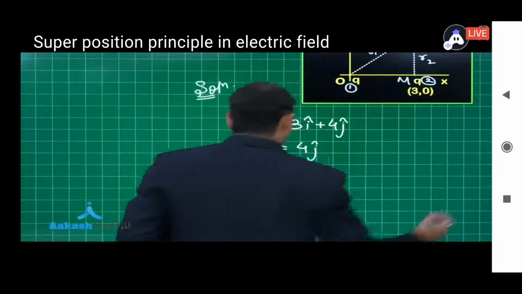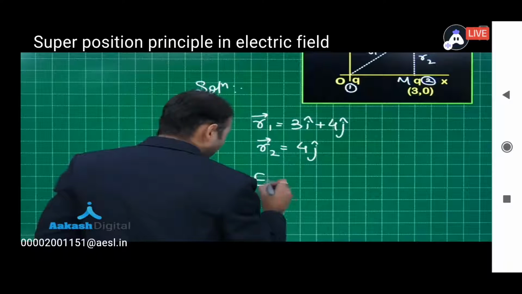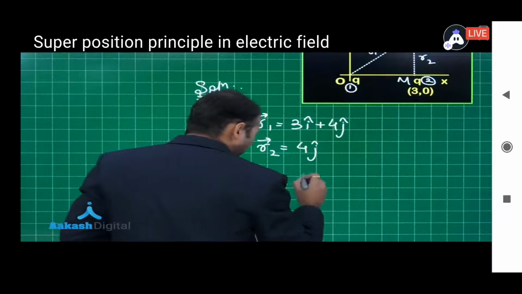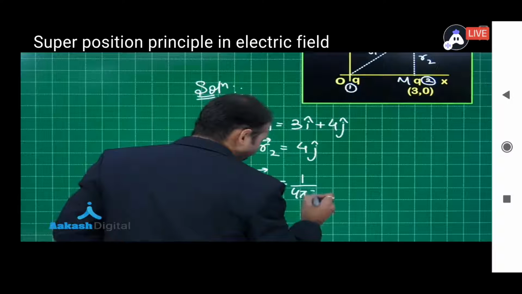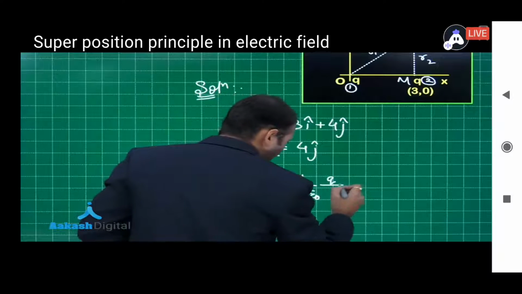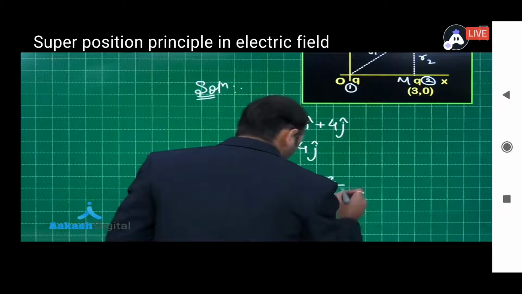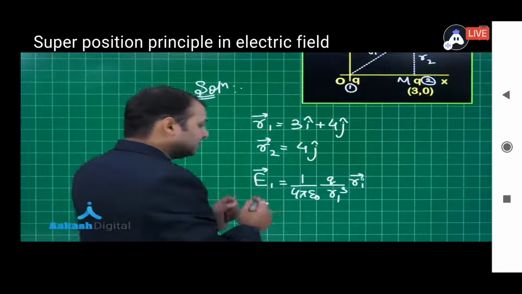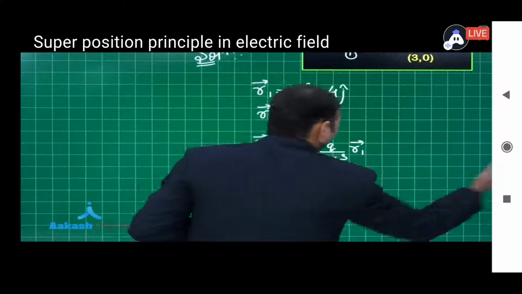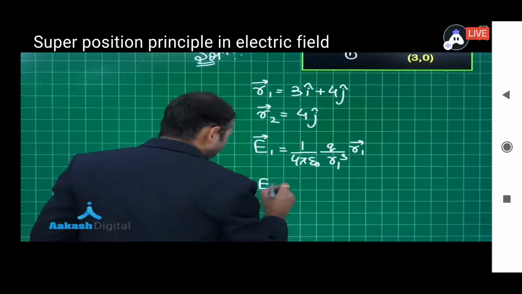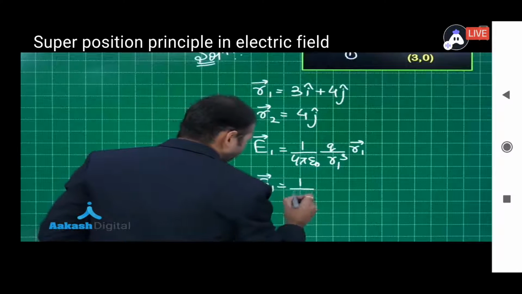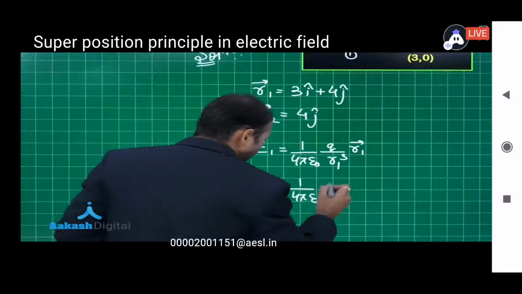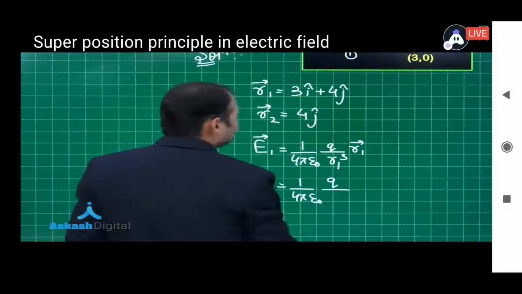So, what should be the formula for E1? As per the formula we should write 1 by 4 pi epsilon naught Q upon the distance cubed, that is R1 cubed, into R1 vector, right? And similarly, if you just write down the values here, you will get E1 vector equals 1 upon 4 pi epsilon naught Q upon the magnitude of R1 cubed.